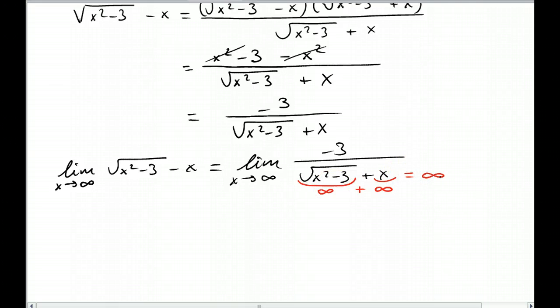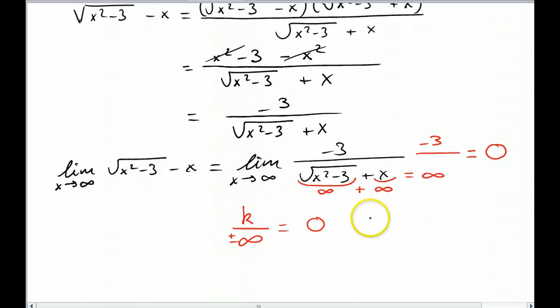If you add two extremely large numbers together, you're going to get a very, very large number. So now you're dividing negative 3 by a quantity that is very, very large. What is that? Well, that's going to tend towards 0. If you divide a finite quantity by a quantity that is very large, either plus or minus infinity, it's going to be 0.